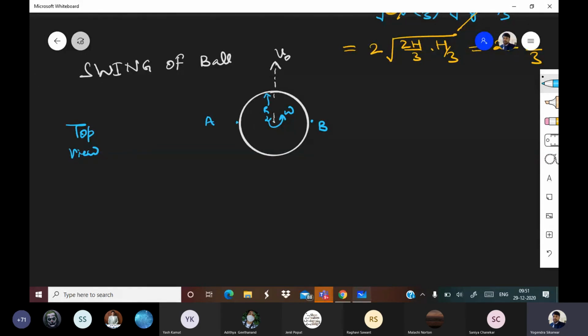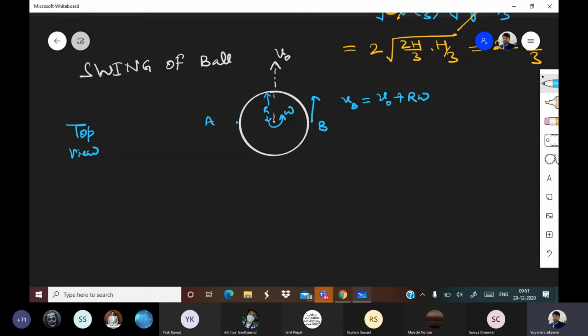Now listen carefully. What will be the velocity of point B? VB will be v naught plus R omega: v naught due to its own velocity and R omega due to rotation.